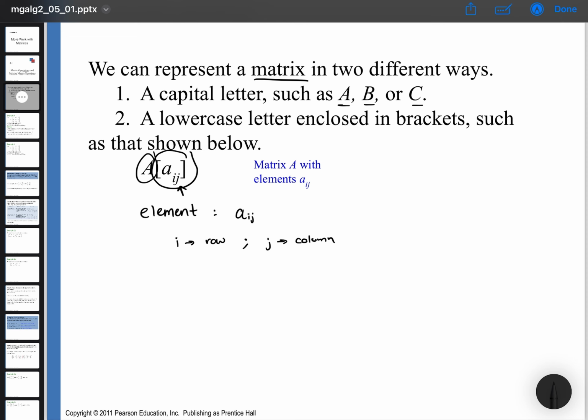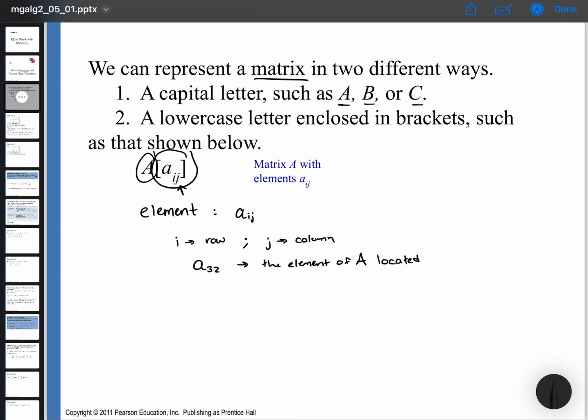So for example, if you saw a_32, that would be referring to the element of matrix A located in the third row and second column.